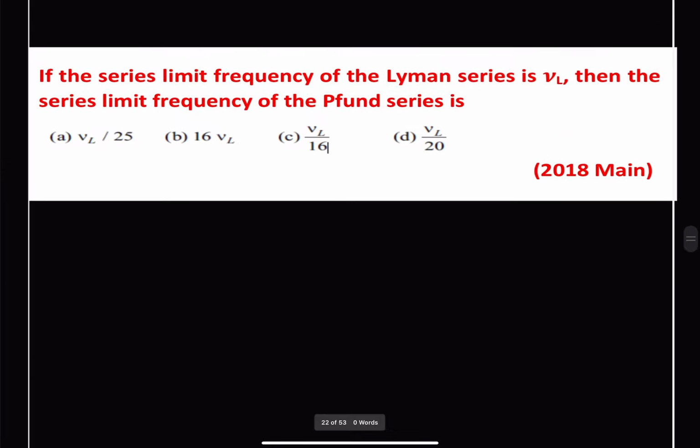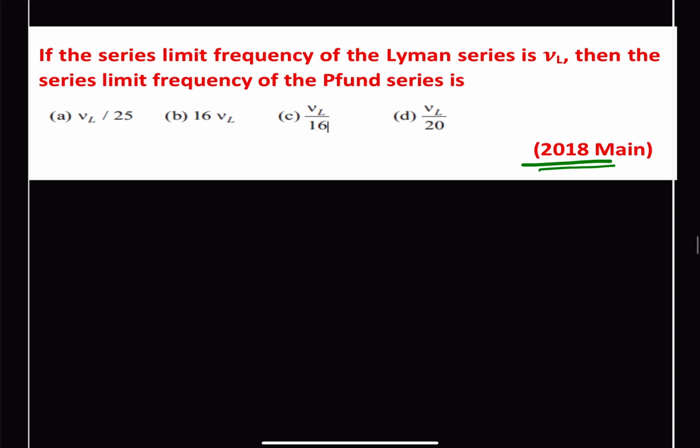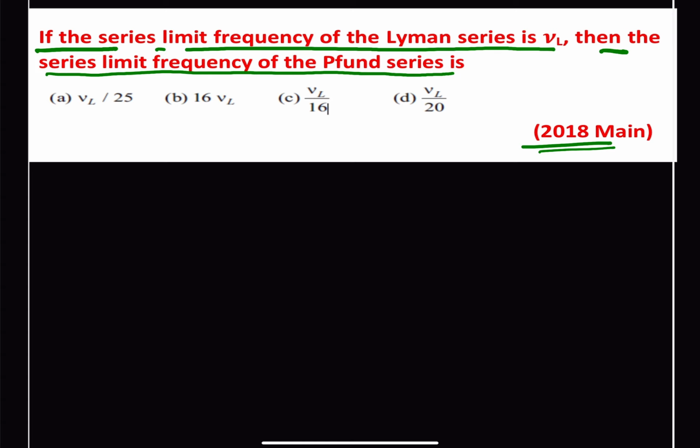Next question. It was asked in the 2018 main, and it states that if the series limit frequency of Lyman series is nu L, then the series limit frequency for Pfund series is. So here we can use the Rydberg formula directly.